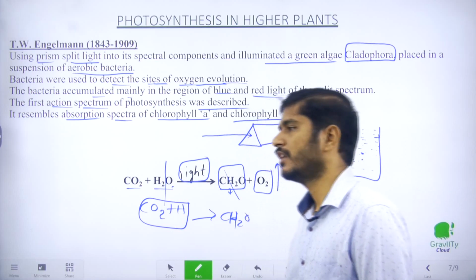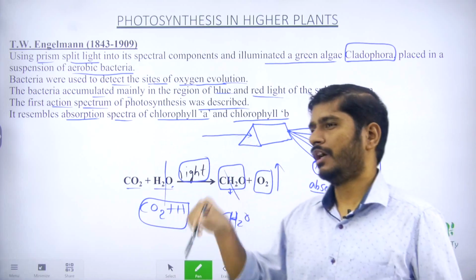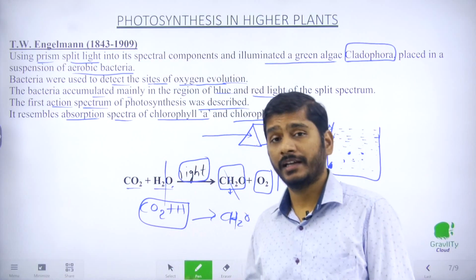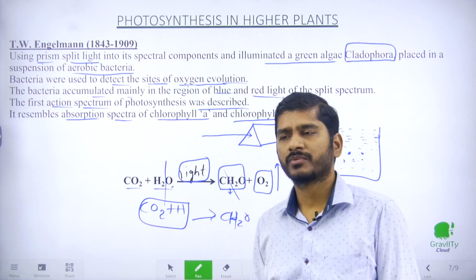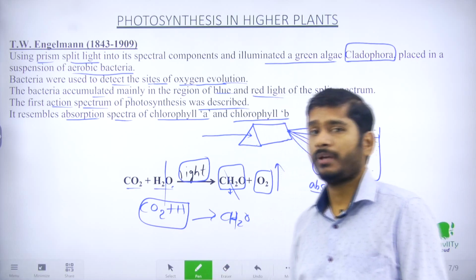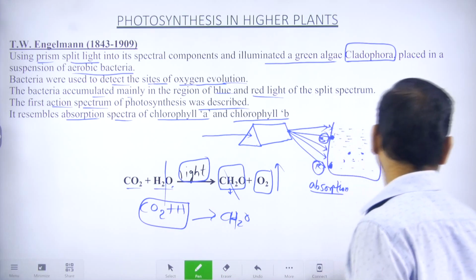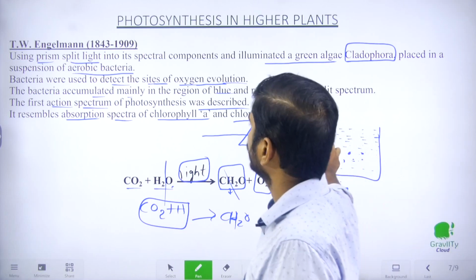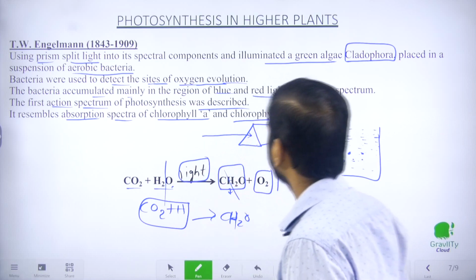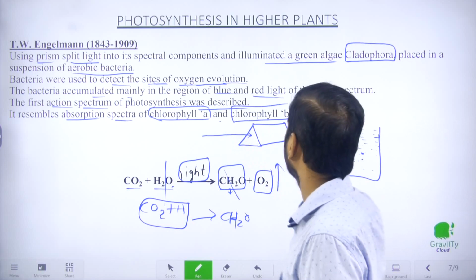So in the action spectrum, the light spectrum, we can see different peaks at different lights. By that we can understand where exactly absorption will be the maximum, right. Next, remember blue and red in the case of Engelmann's experiment, okay. It resembles the spectra of chlorophyll A and chlorophyll B. You remember this also.